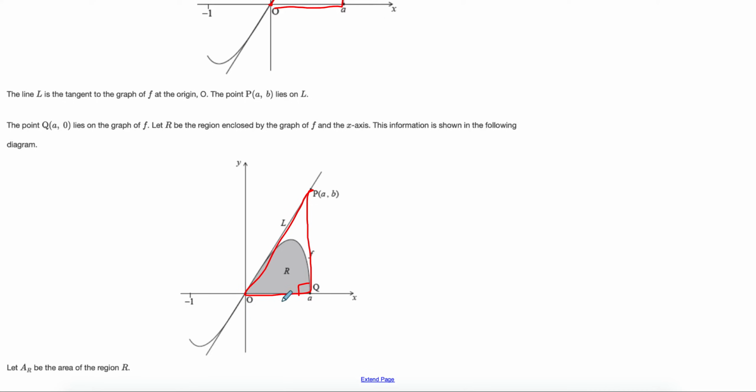So if you notice, this triangle is a right angle triangle. It has a base length of A, because I'm going from 0 to A, and it has a perpendicular height, again going from 0 up to B. So B is your Y value, and so the area is half times AB.